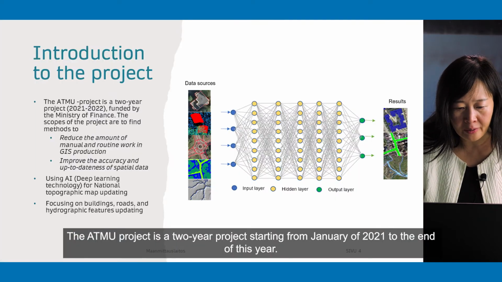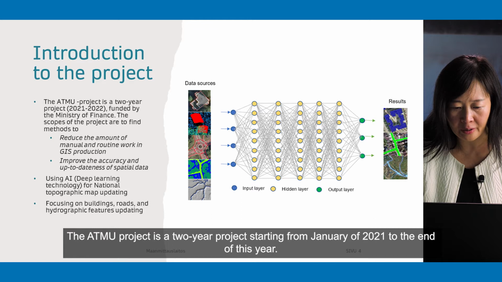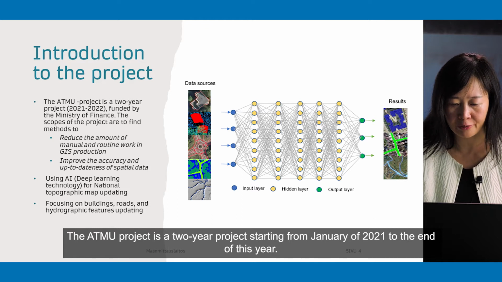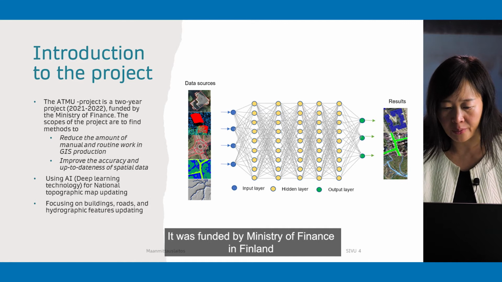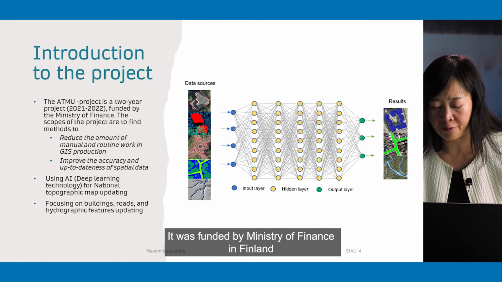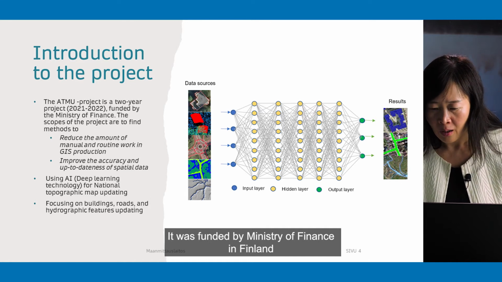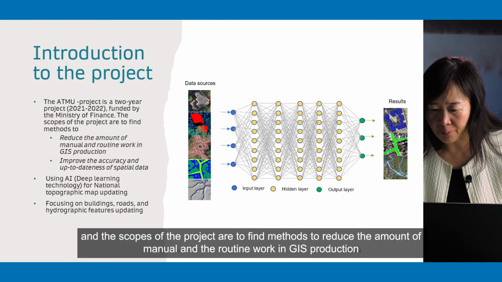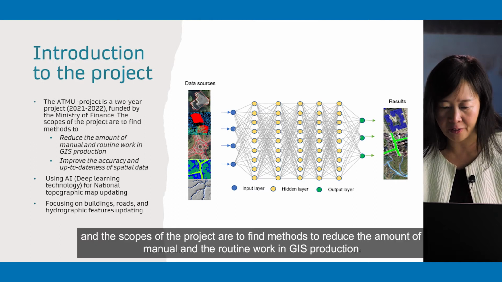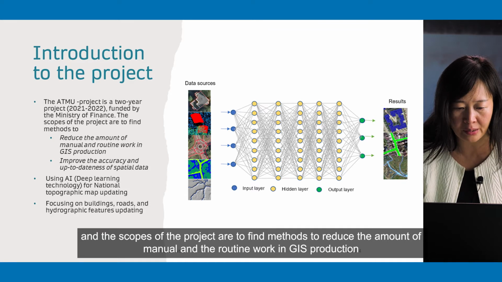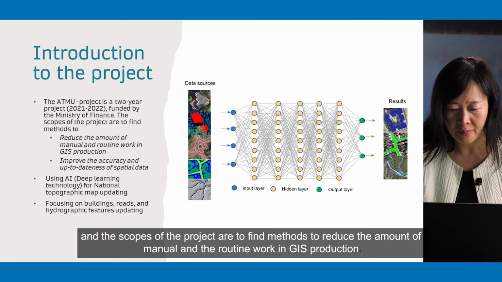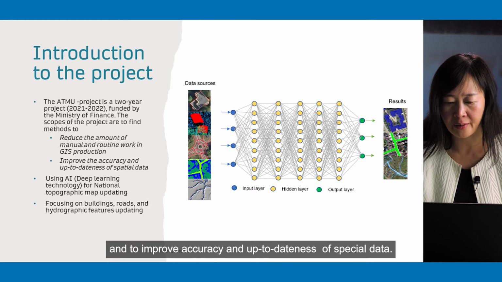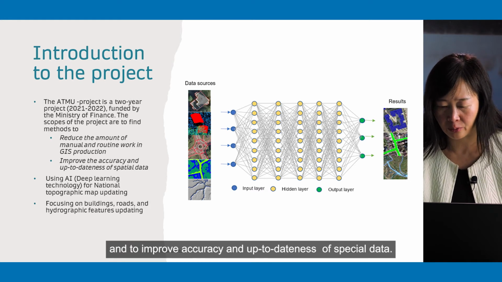The Autumn project is a 2-year project starting from January of 2021 to the end of this year. It was funded by the Ministry of Finance in Finland, and the scope of the project is to find methods to reduce the amount of manual and routine work in GIS production and improve the accuracy and up-to-dateness of spatial data.